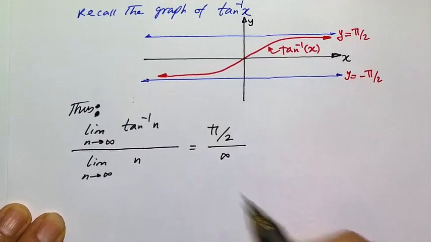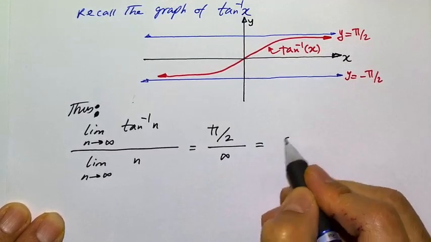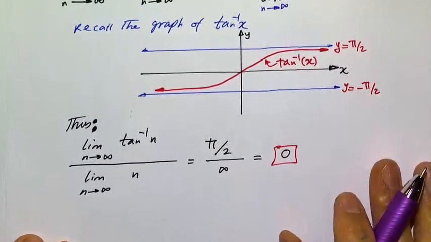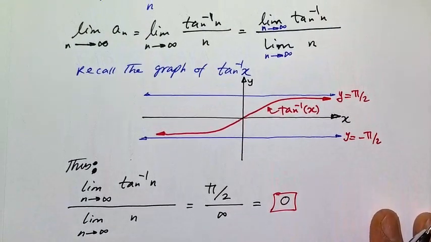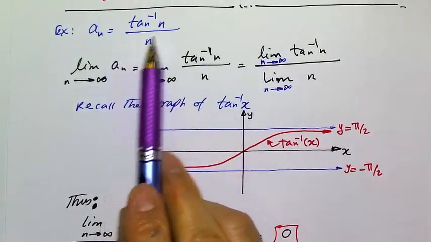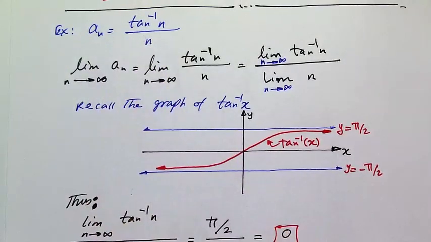So pi over 2 over infinity, we will get 0. So the limit of this sequence, as we take the limit of this sequence, it converges to 0.